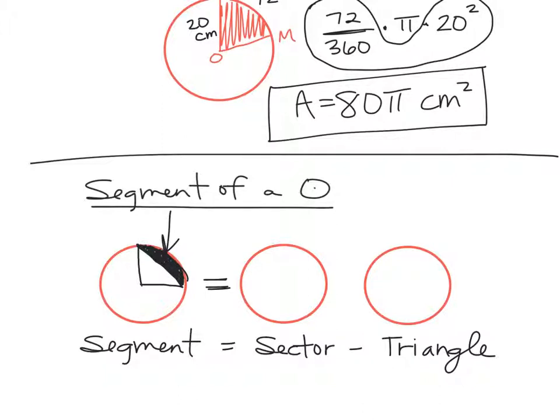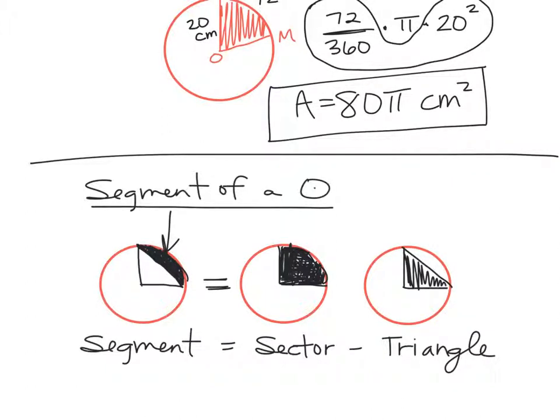Here's what it looks like. The sector for that same picture would be this, right? Do you know how to find the area of a sector? Yeah, it's what we just showed you. By we, I mean I. I don't know who the other person would be that showed you. So the area of a sector, but then we have to take away that triangle portion of it to be left with the segment.